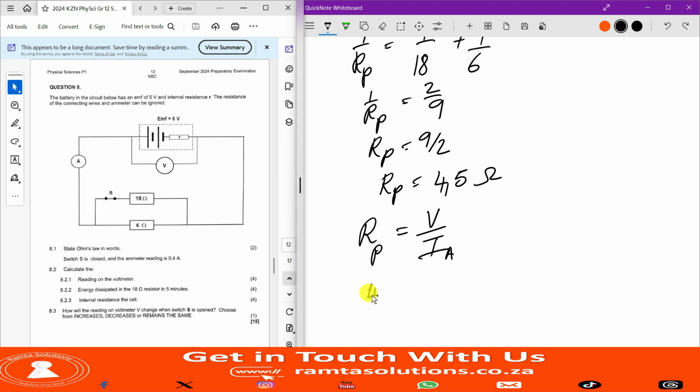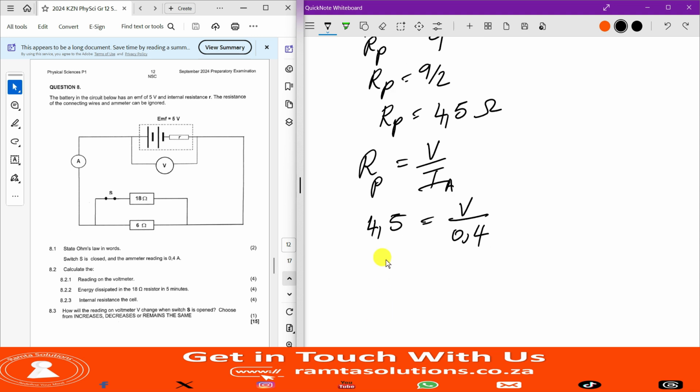Rp is 4.5 and the current is 0.4. So 4.5 times 0.4 gives us 1.8 volts.